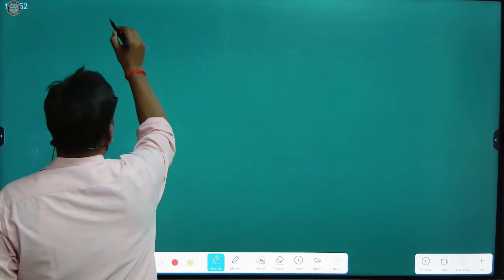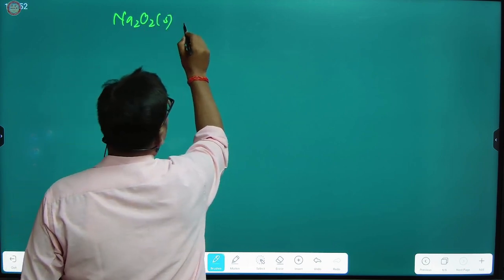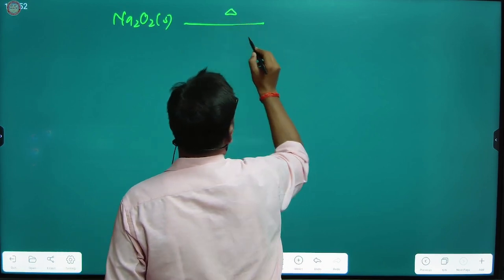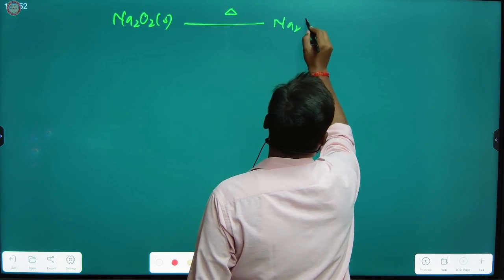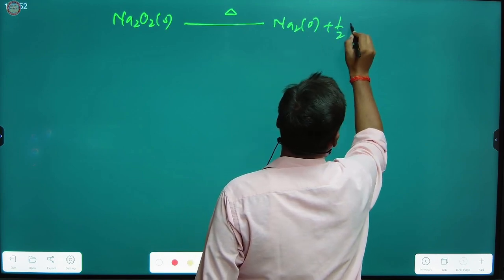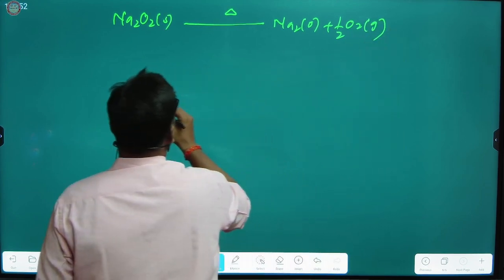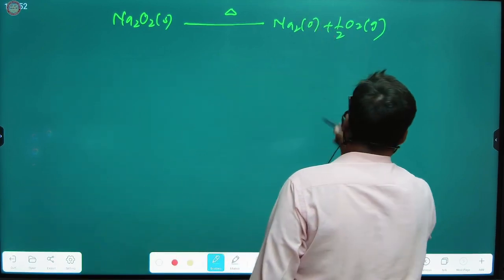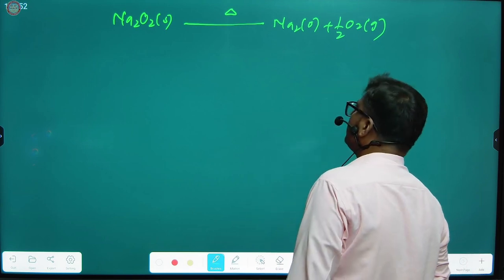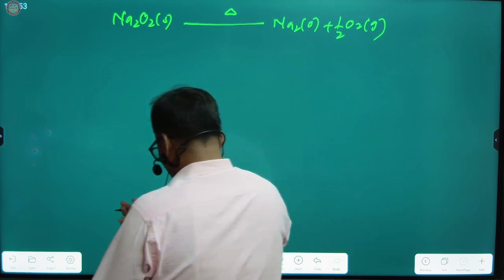we have elaborated that Na2O2 in solid state will be thermally decomposed to Na2O plus half O2 gas, right? In case of monoxides, for lattice enthalpy, here we have taken the data.